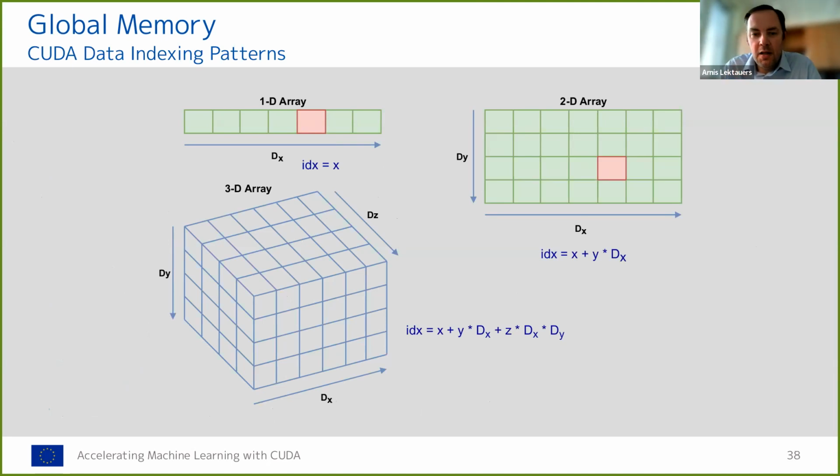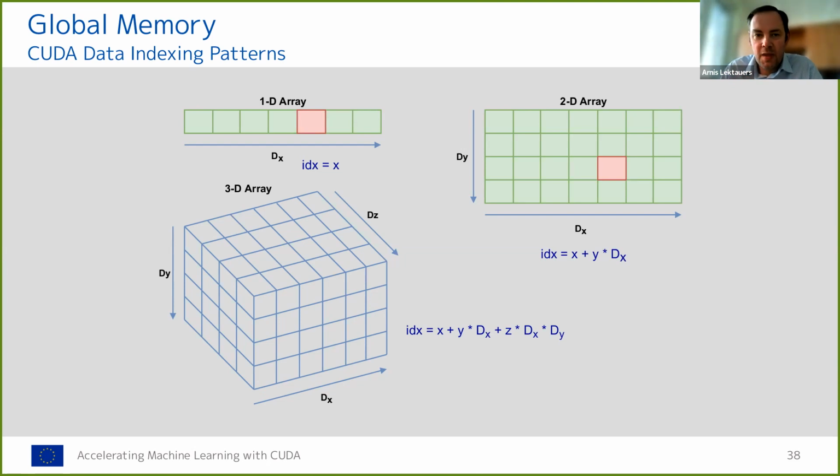As I said, logically, the CUDA grid is a three-dimensional structure, and therefore, when we are using, for example, 2 or 3 dimensions of the CUDA logical structure, we have to transform these identifier fields, block identifier fields, to an index used to index our actual data sets.